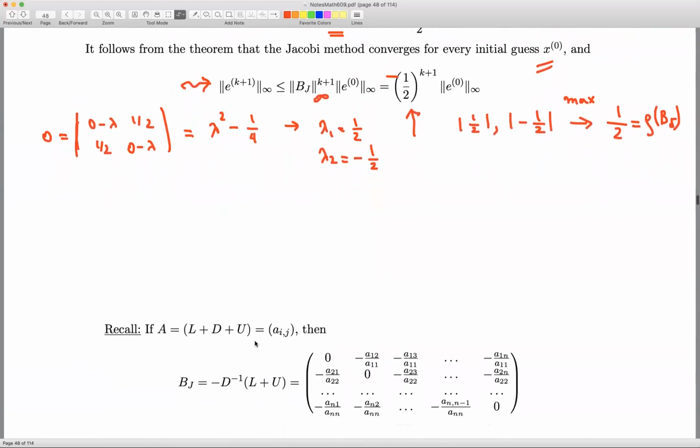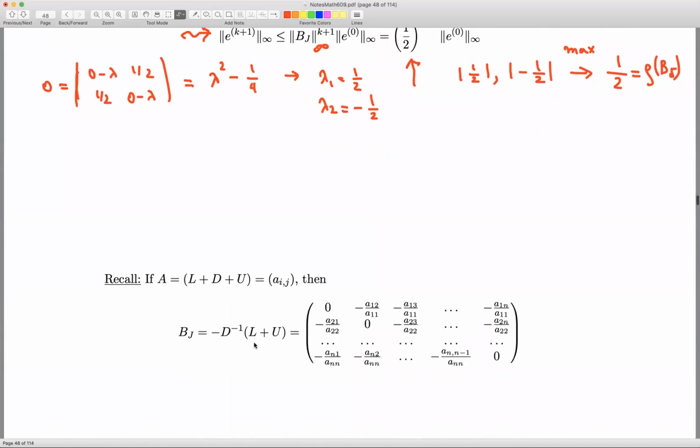So now, in this particular case, and this will be the only case in which we actually explicitly can write down the formula for the matrix B, the iteration matrix. So the Jacobi iteration matrix will be the only case when we write this matrix explicitly.